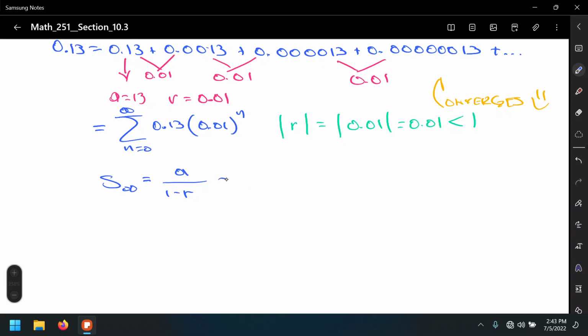And a is 0.13, and 1 minus 0.01 is 0.99. Well, we have a decimal over a decimal, so we can just move the decimal 2 places to the right on both numbers, giving us 13 over 99.